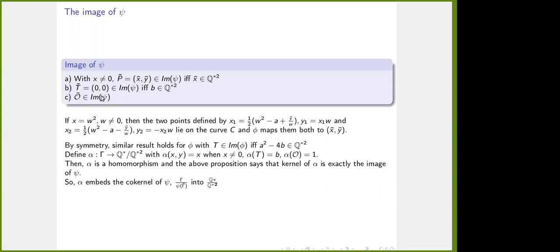Again, this is just a calculation, but by symmetry, the same result will hold for C. But this time, instead of b, you have to look at the conjugate of b bar, which is a square minus 4b.